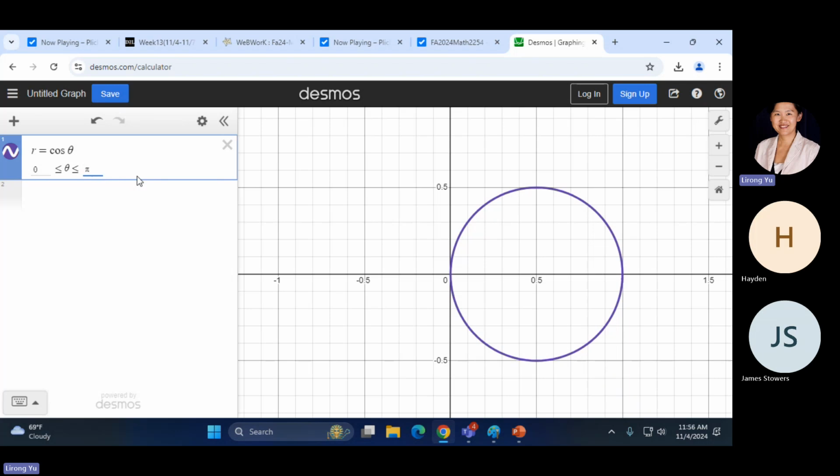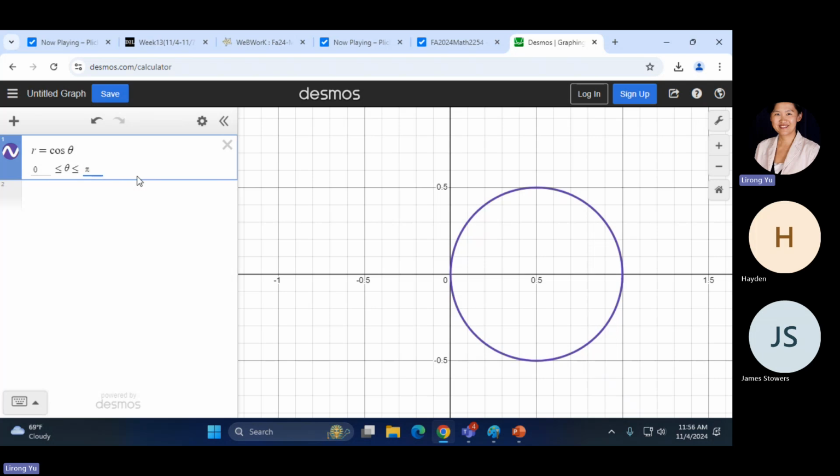Because it's a revolution, you can also trace it little by little. When theta equals 0 it's over here, and when theta equals 45 degrees, it's over here. Cosine of pi over 2 equals 0, so it will reach the half circle at pi over 2 already.